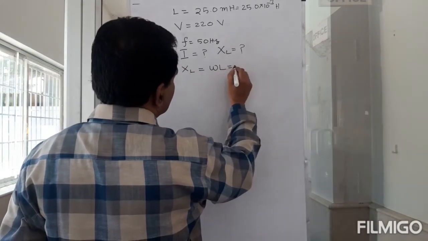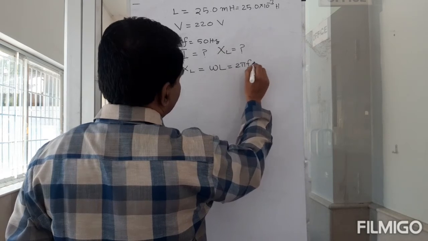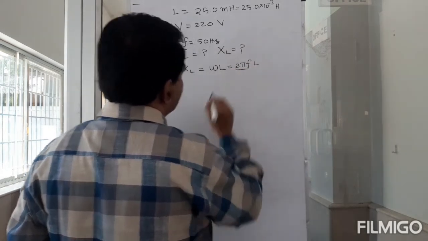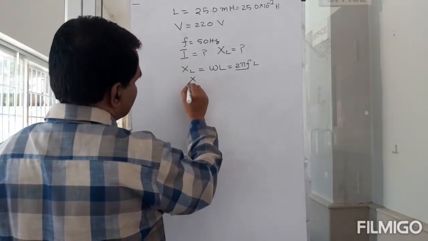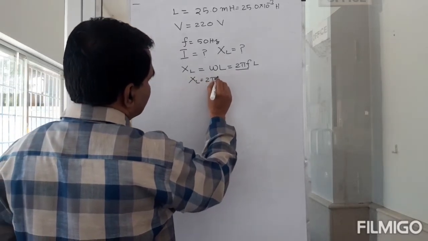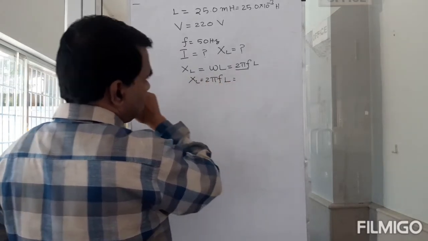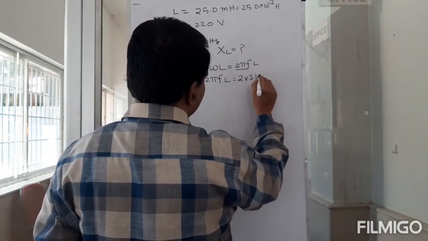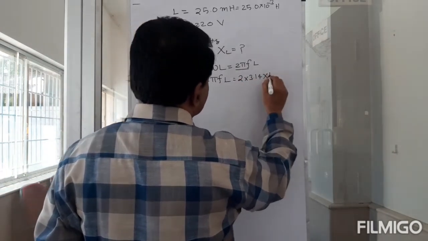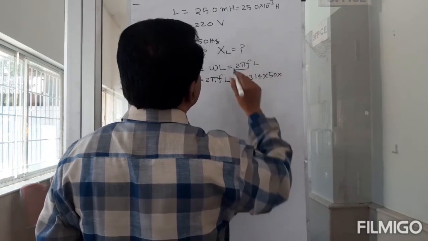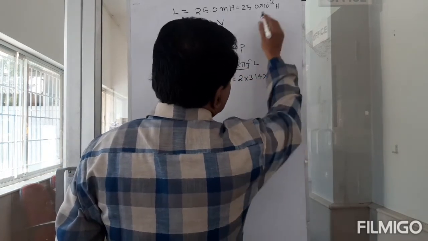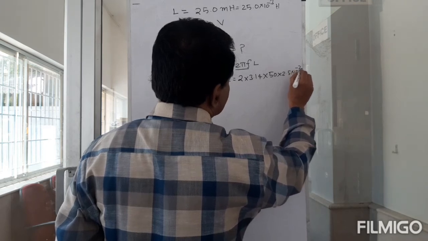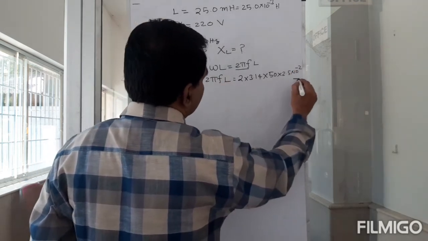Omega is 2 pi F. So XL is effectively 2 pi F L. So 2 into 3.14 into F, which is 50, into L, which is 25 into 10 power minus 3, or 2.5 into 10 power minus 2, in ohms.